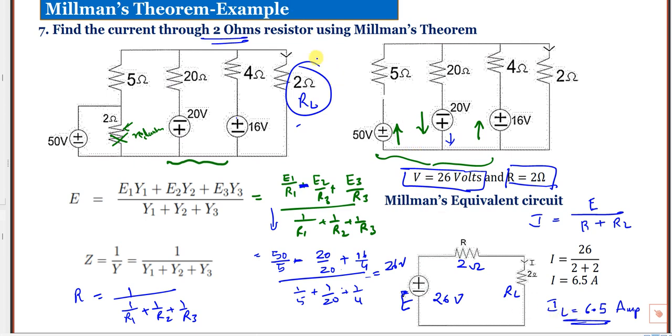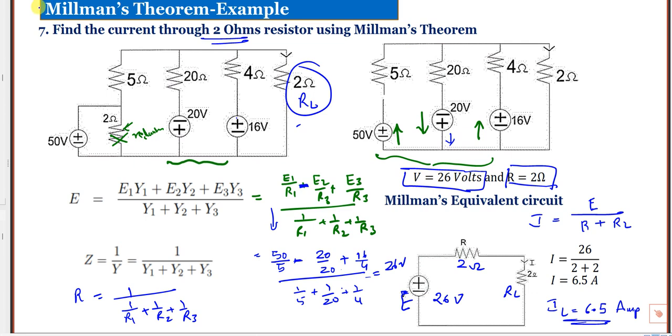So you can easily find this out, and you can easily get a minimum of 8 to 10 marks in Millman's theorem. Two questions will be there in the exam, so if you prepare, give the first option to the Millman's theorem problem.